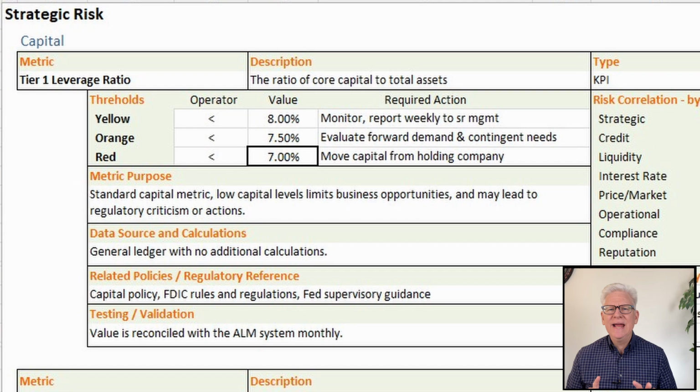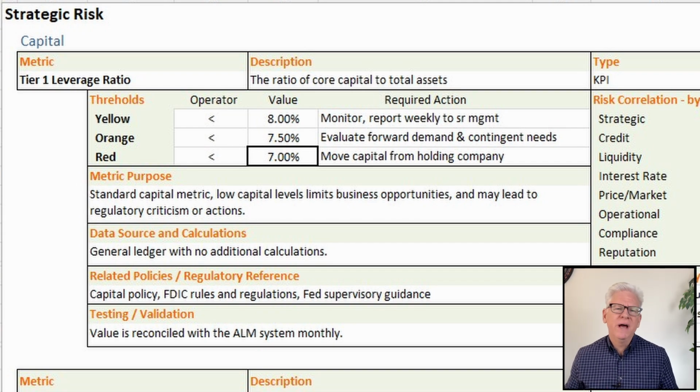The reason I like the 3 levels is that it generally corresponds with some version of yellow is keep an eye on it, orange is evaluate it, think about it, and think should we do anything, and then red is something needs to be done. The red, in other words, becomes the guardrail, the thou shalt not pass, and then the others are more intermediates telling you you're heading in the wrong direction. But again, structure your limits and thresholds, however you see fit.